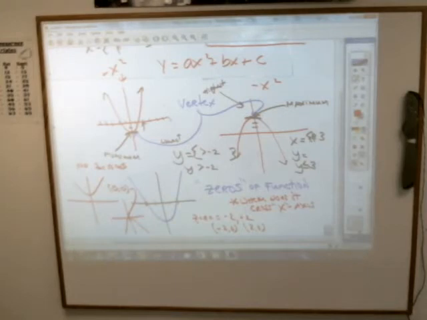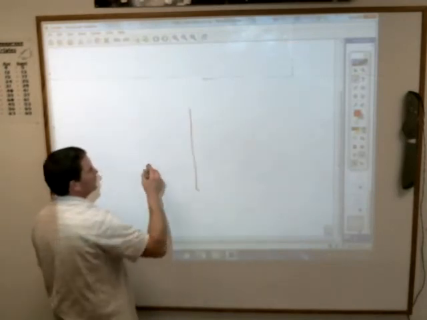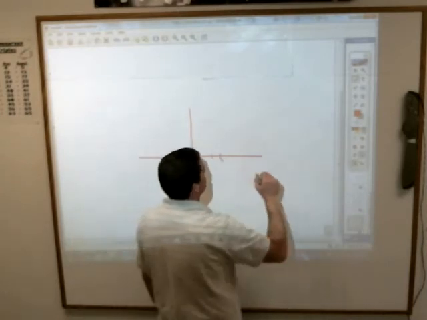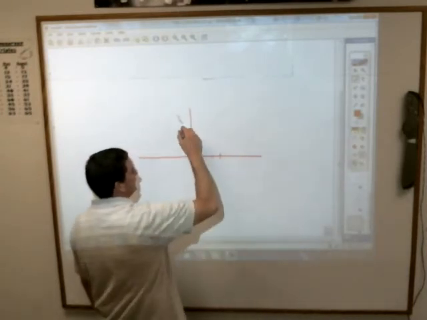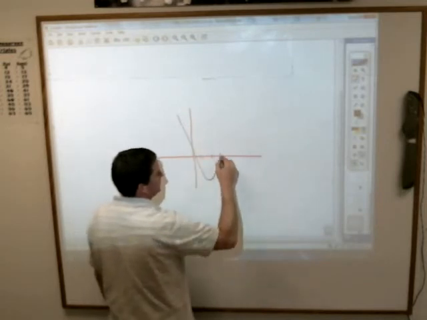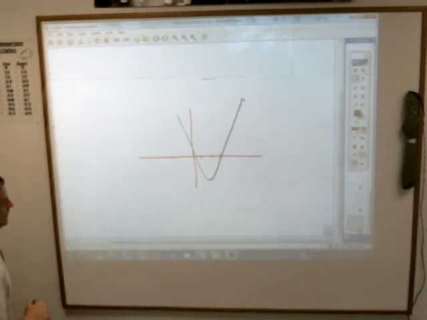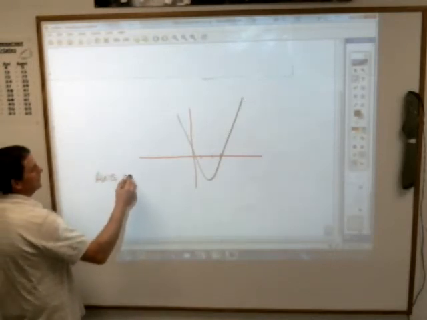So I think we just got one more thing there. And the last thing we have, when you have a parabola, let's make this parabola a little different, shall we? Let's say the parabola does this. It's kind of skewed there. The next thing is what's called its axis of symmetry.